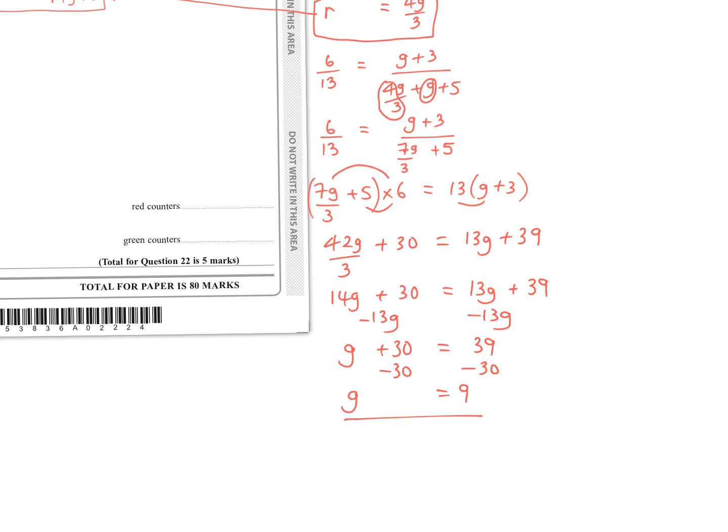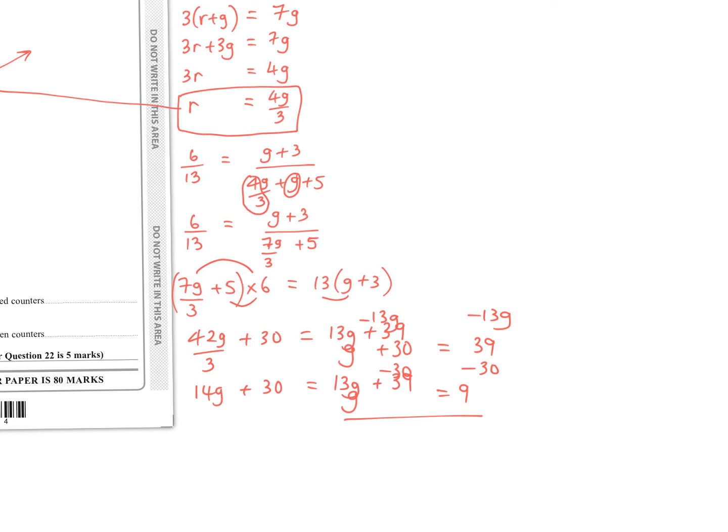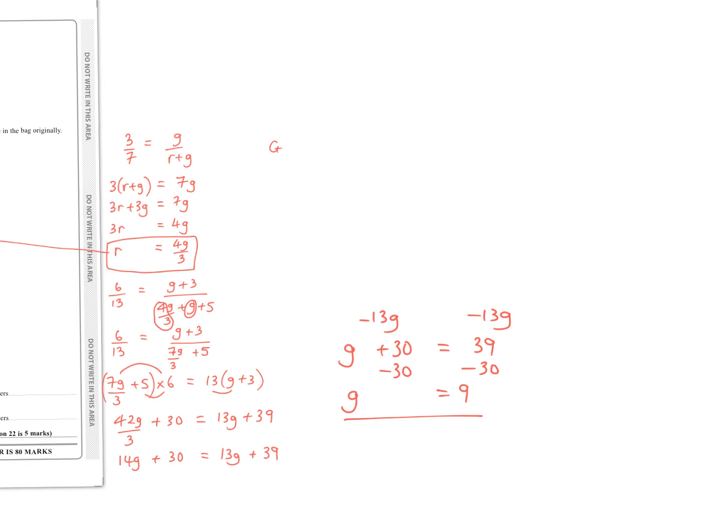And if we look carefully, we had here, I'll write in a different colour, that R was always going to be 4G over 3. So if we know G is 9, then R is going to be 4 times 9 over 3, which is 36 over 3, which is 12. So R is 12 and G is 9, and that was the original amount of red counters and green counters in the bag at the start of the question.